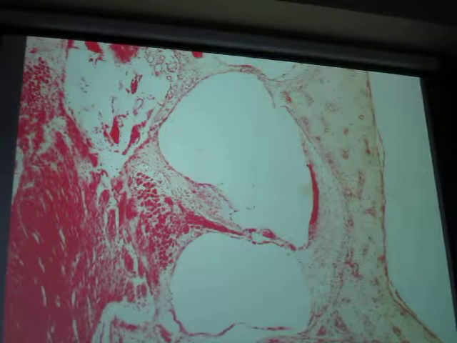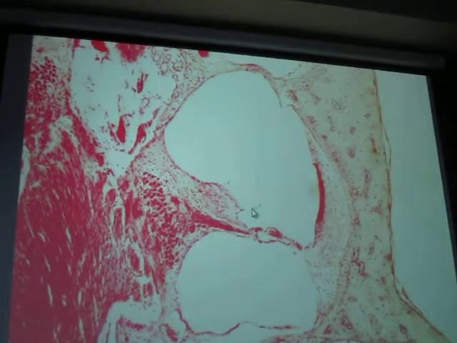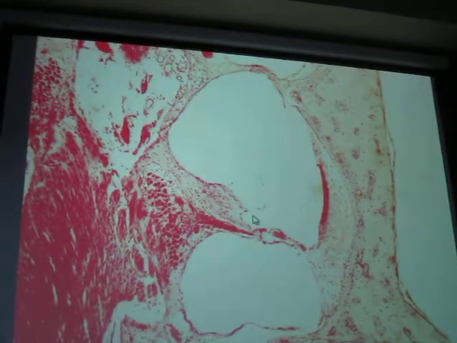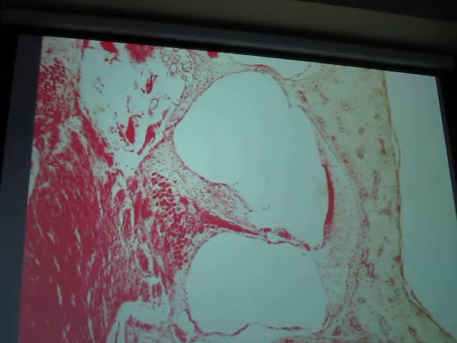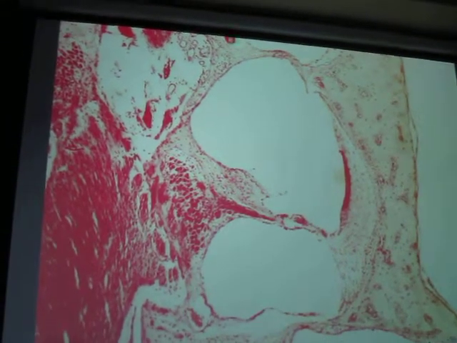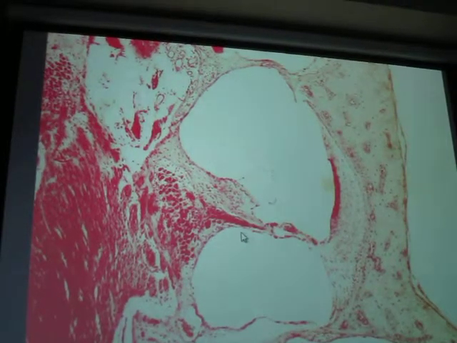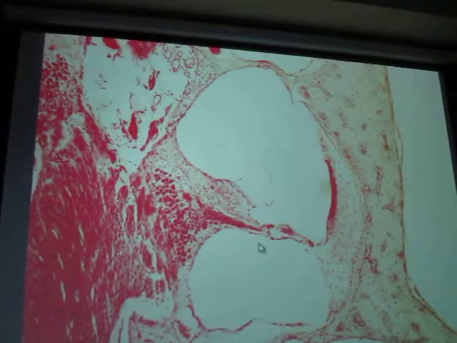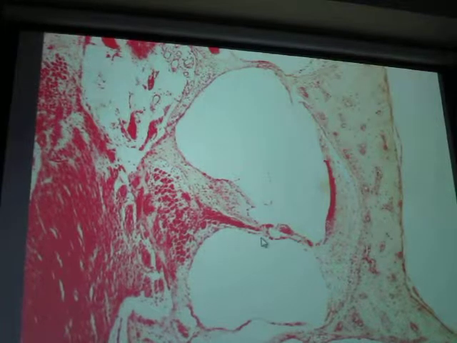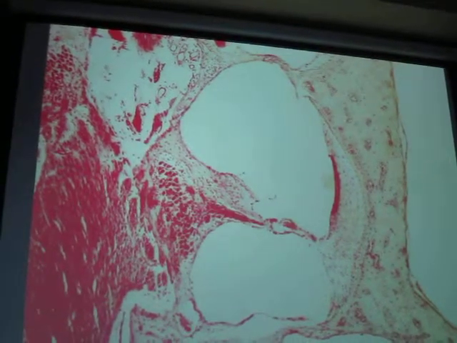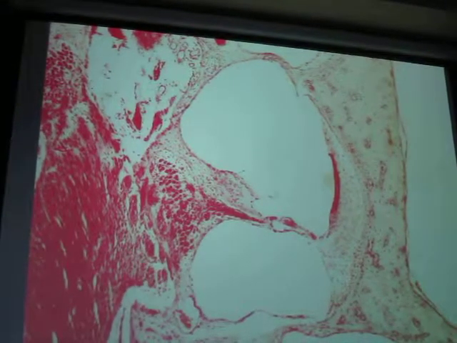And the organ of Corti is covered by a thin structure here, a membrane you call your tectorial membrane. And your organ of Corti lies on what structure? It rests on the basilar membrane.